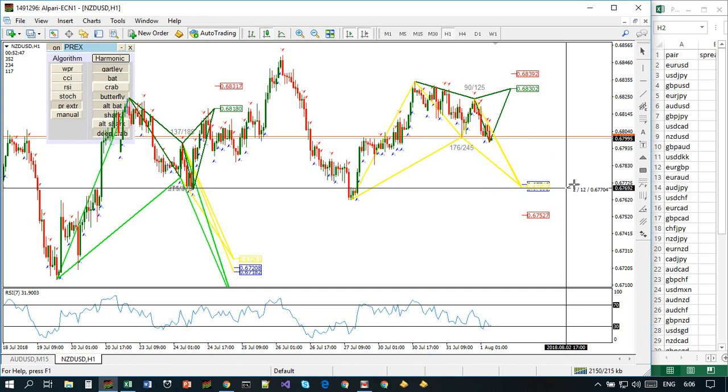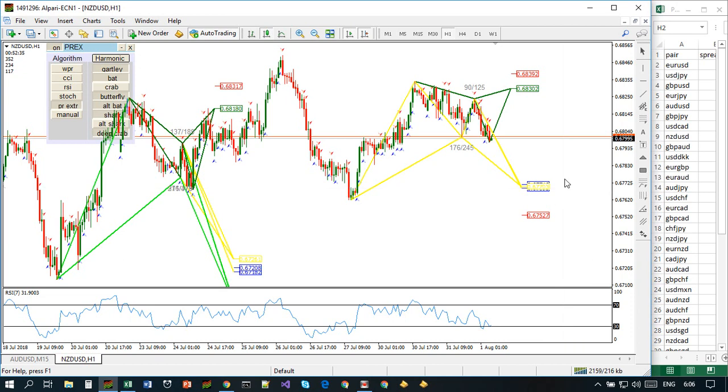If price bounces from here, then we will have a very good reversal. Or if it breaks through, then we have a very good continuation. And it can be either a continuation or a reversal.